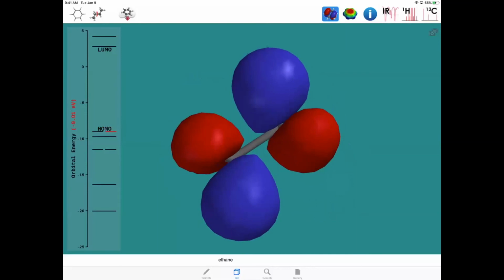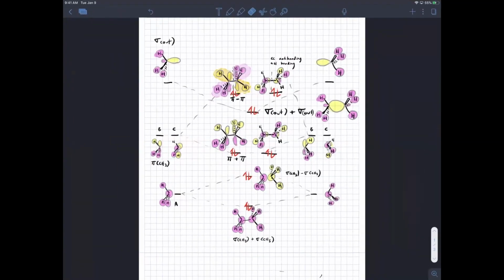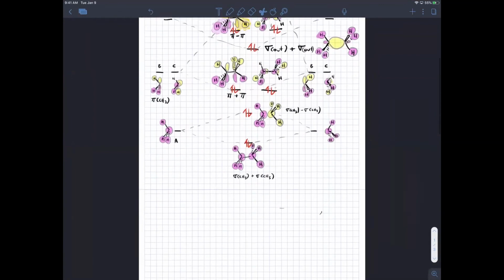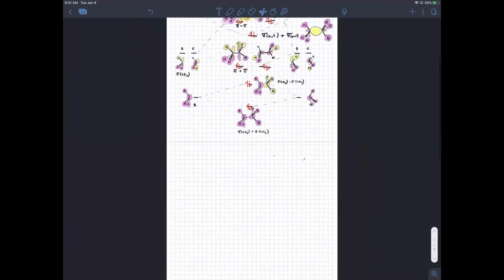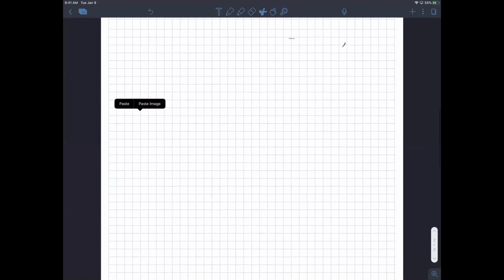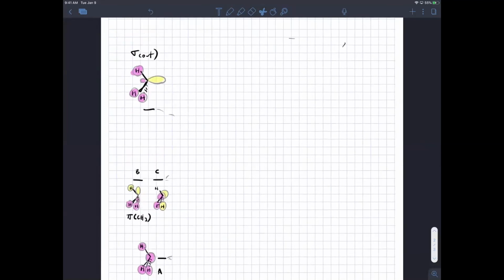So, of course, we're interested in more stuff than just ethane. So let's do an alkyl halide, shall we? What we're going to do is take these 4 orbitals from the methyl group, and we're going to erase the extraneous lines.